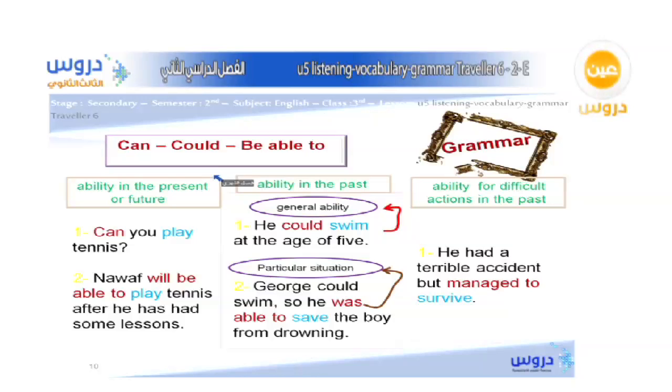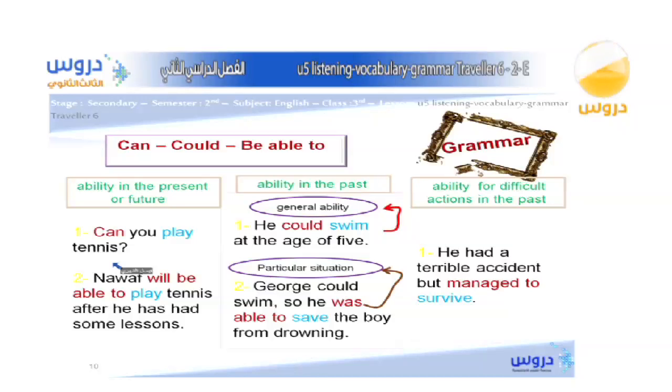Okay, that's good. Now, generally, modal verbs are used when you want to talk about necessity, or even possibility. Okay, so ability in the present or future. Can you play tennis? If you are asking anyone about anything that has to do with ability, can you help me carrying this?